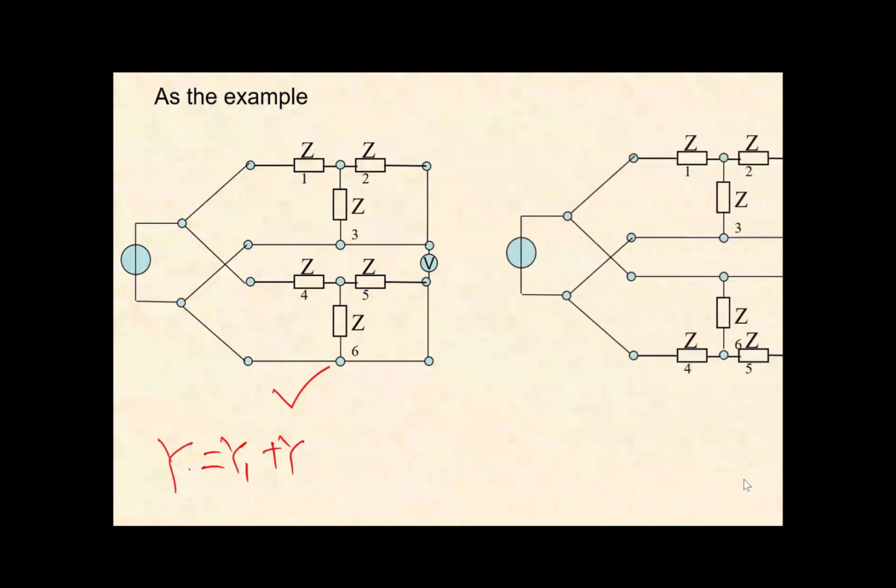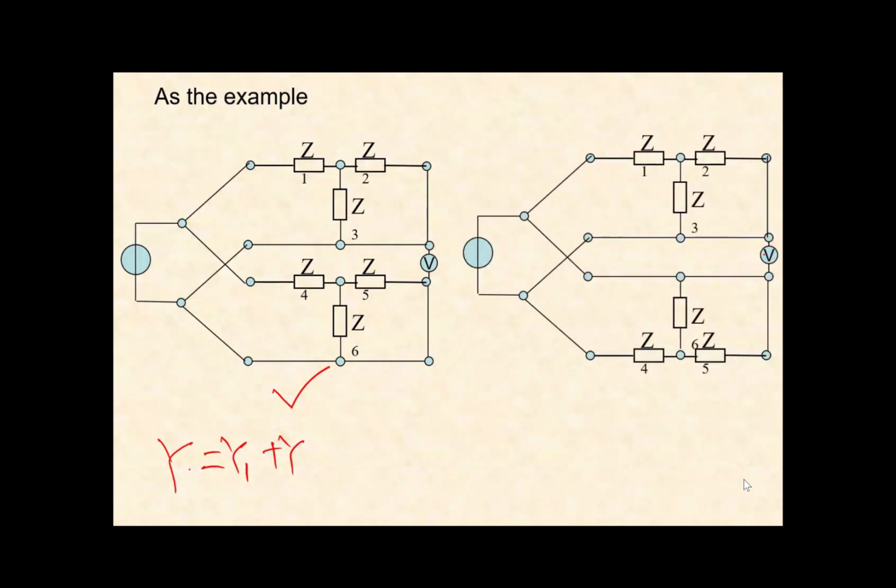But for this circuit, this V is not zero, because this point connects here but this point connects here. So this V will equal the voltage source, not zero. So in this case Y does not equal Y1 plus Y2, because in this parallel connection, Y1 and Y2 do not exist anymore.